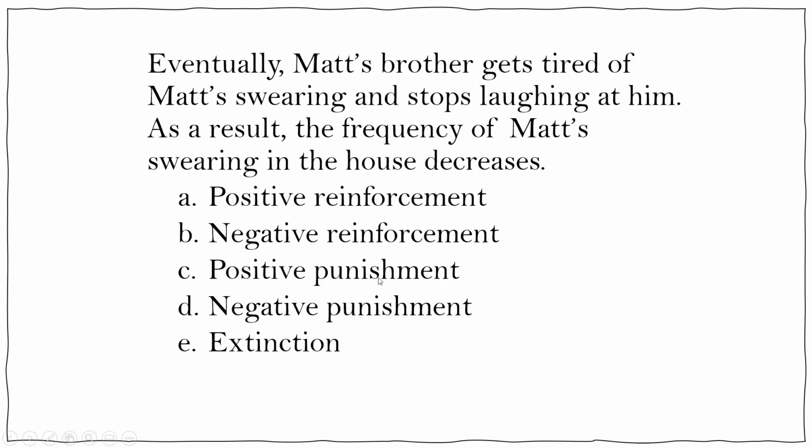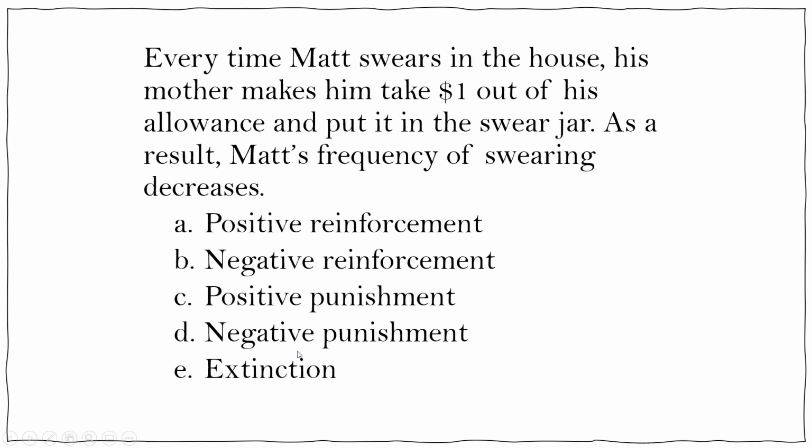And there's nothing aversive that gets added, nothing in addition to the reinforcing consequence that's getting removed. And so this would be extinction. Matt swears, his brother laughs at him. That's the reinforcing consequence. The reinforcing consequence isn't being provided anymore, and therefore his behavior is decreasing. So it's extinction.